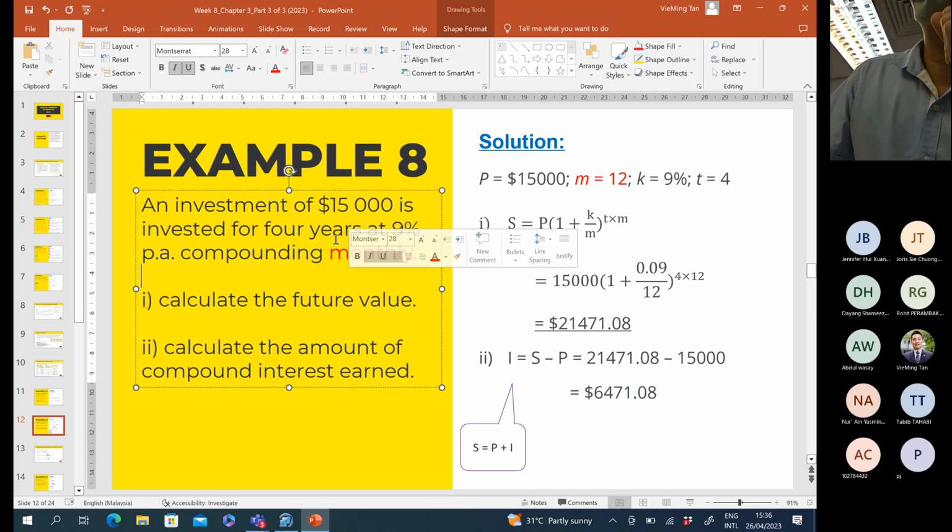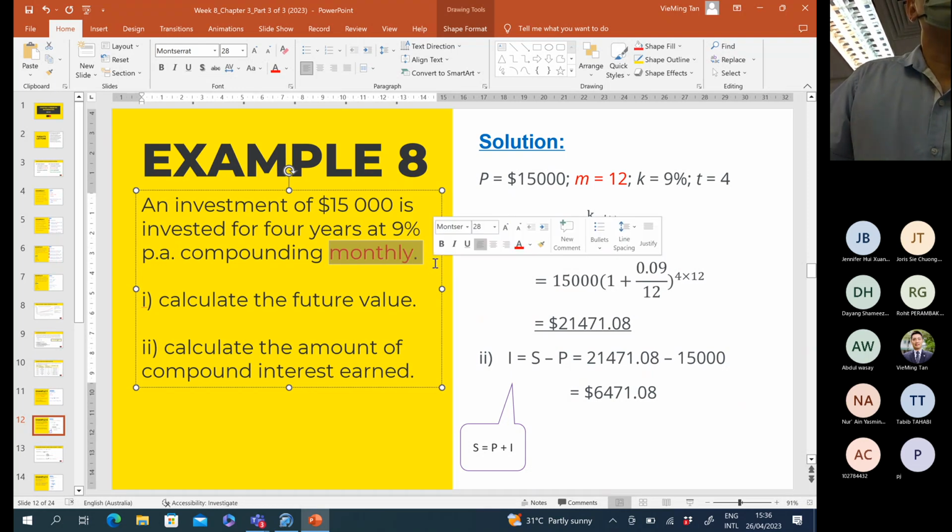Monthly. This word will tell you the M value. The red color monthly indicates the M value. So for this question, the interest will be revised every month, so M is equal to 12. That is the technique to identify the M.